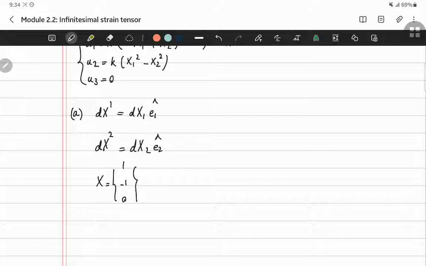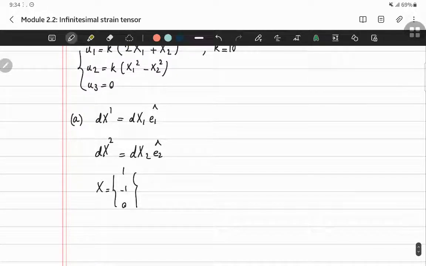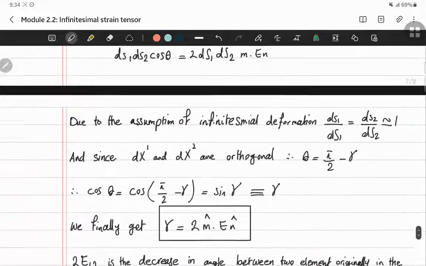So if we want to evaluate this elongation and change in angle, that means E, and E is nothing but basically del U plus the transpose of del U. Or if you look at it, you see that this is the symmetric part of the displacement gradient. So infinitesimal strain tensor is basically the symmetric part of the displacement gradient. Maybe it's a good idea just to write it here.